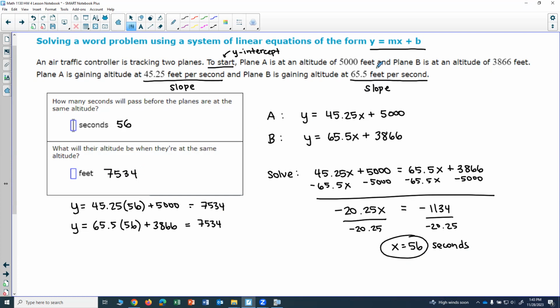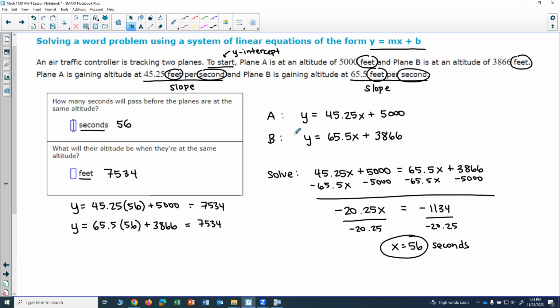I want to make sure my units match up. Feet, seconds, feet, everything looks good. Everything is either in feet or feet per second or seconds. So just checking the units can be helpful to make sure that the units match up with what you're finding in your final answer.